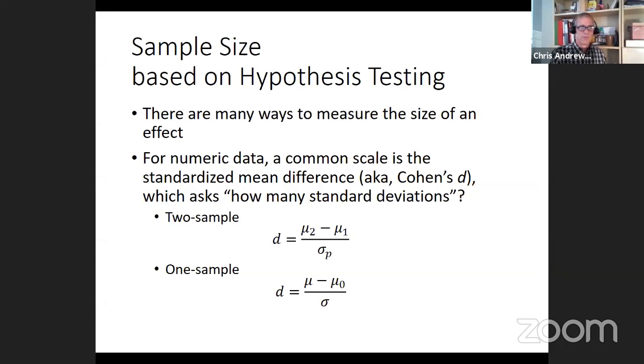In our example, we were doing a 2-sample t-test. A common way to measure the size of an effect you're looking for is so-called Cohen's d, which asks how many standard deviations you are from equality. So before we even did the study, we could have said, look, I'm really interested in a 5 millimeter difference between these two means.